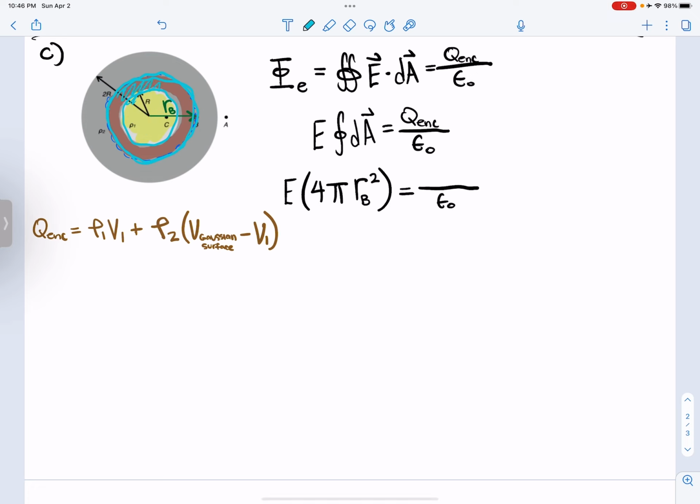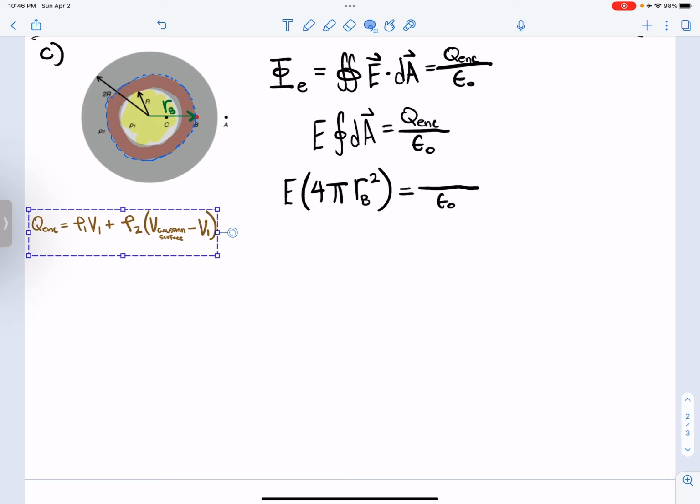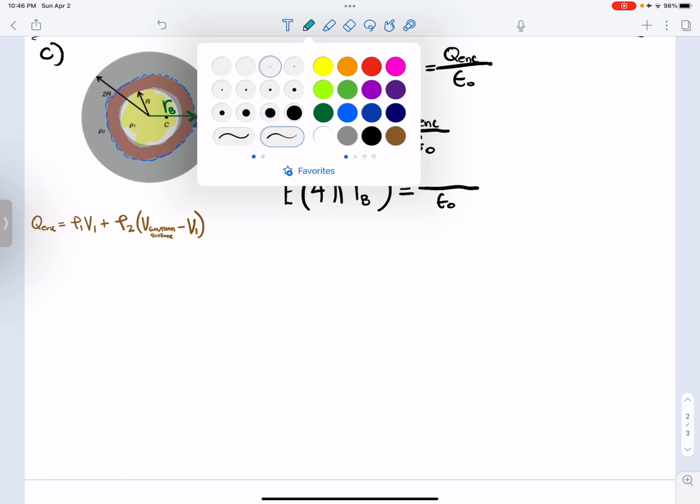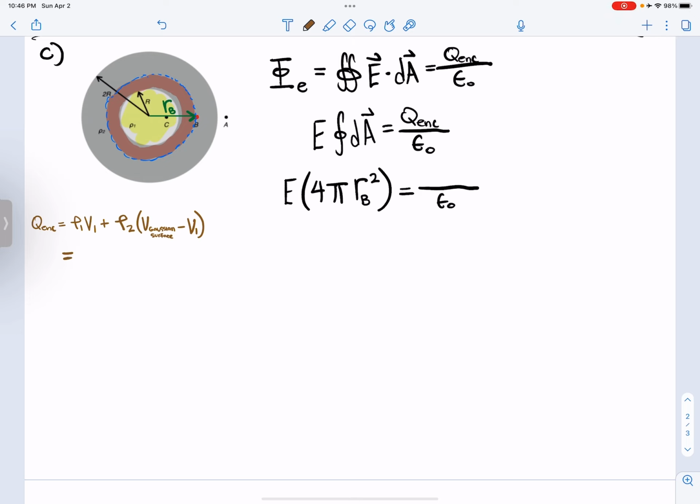We only go here. So that's the volume of the Gaussian surface minus V1. Okay. All right. I'm going to make this a little bit smaller.